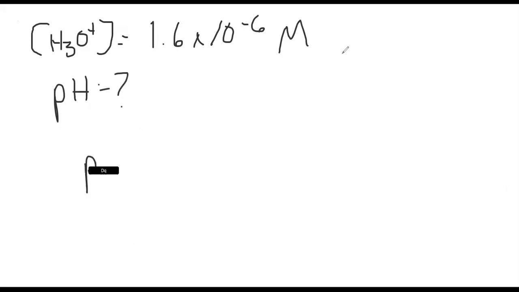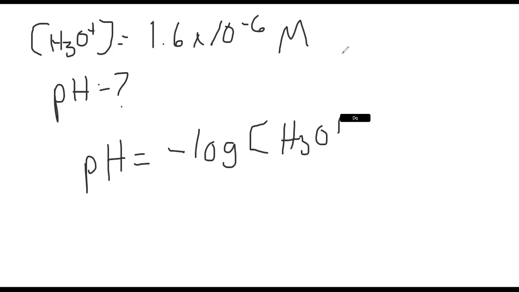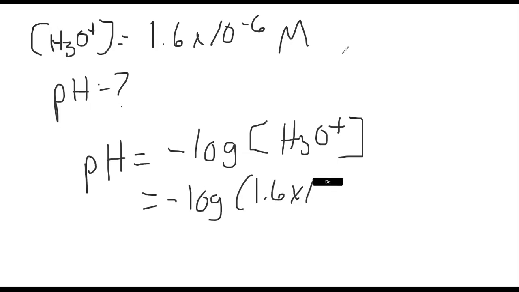So we want to use the equation where pH is equal to negative log, and then we'll enter the concentration of the H3O plus ions after that. So negative log, and in this case, it is 1.6 times 10 to the negative 6. So entering that into the calculator, I get, looks like 2 sig figs, so I'm going to round to 5.8 as the pH.